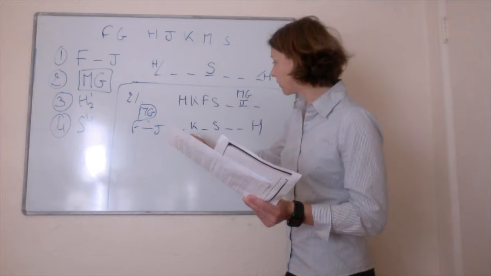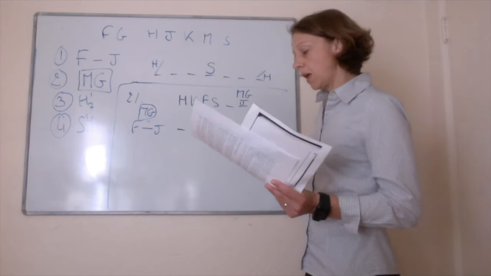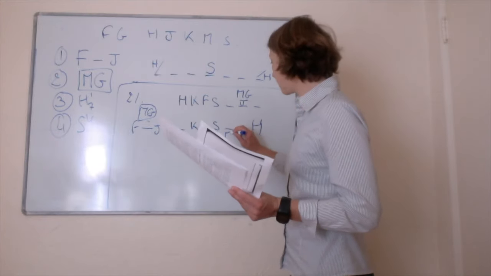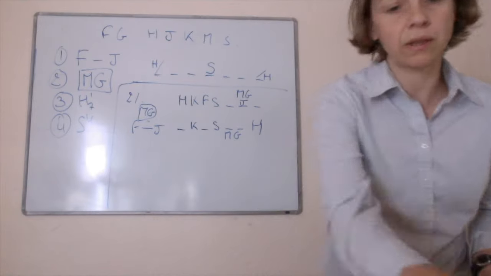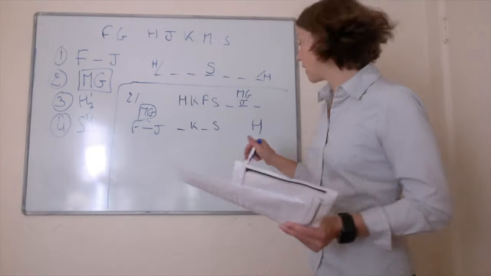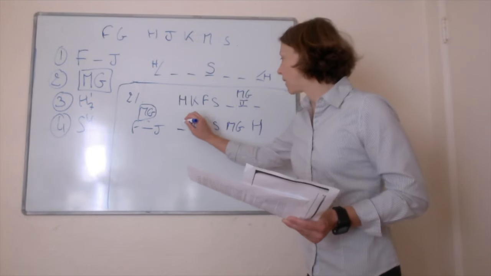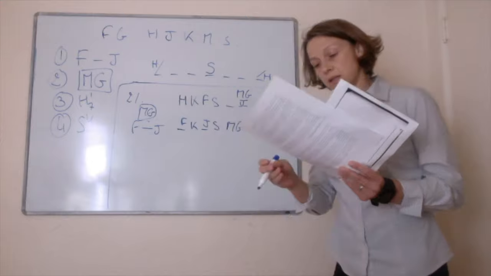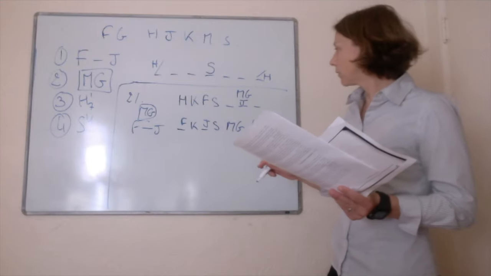If we are in this configuration, then MG actually need to be here. I could put them in there, actually, because those are the only two slots we have. So MG needs to be here, F needs to be here, and J needs to be here.